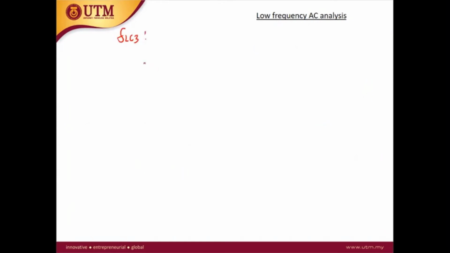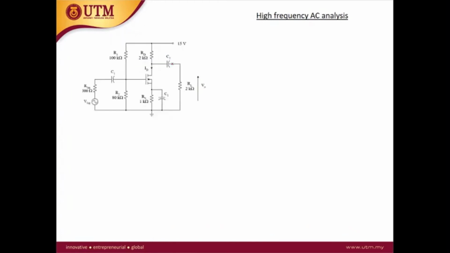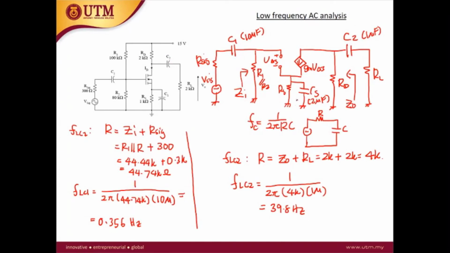For FLC3, the resistance is the RTH. Okay, RTH at S, let's say I call it RTHS. RTHS is the equivalent resistance seen from this point. What you will see from this point is RS, and the RS is actually in parallel with the impedance at the source, which I call ZS.